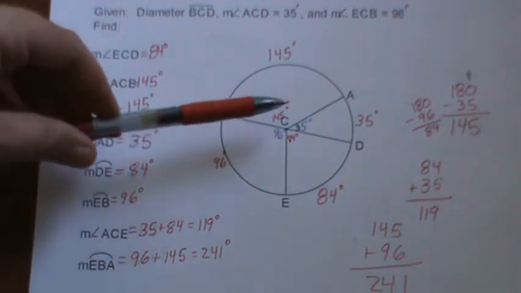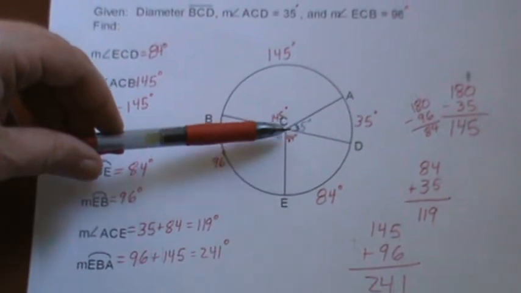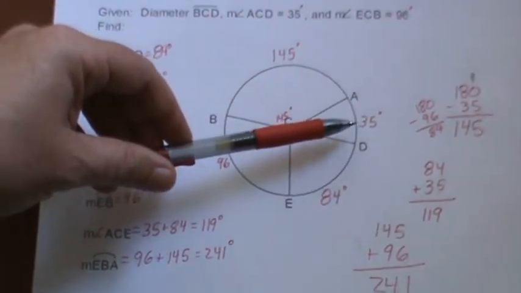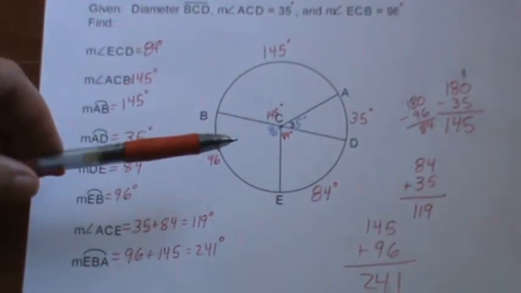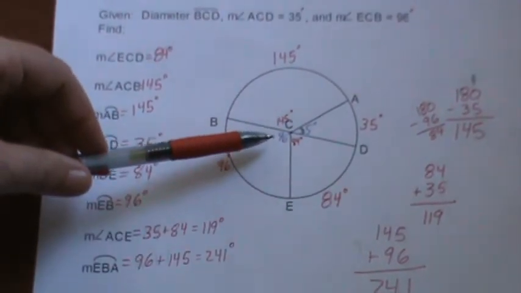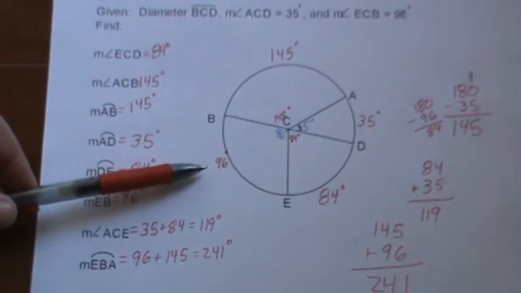So since I was given that the measure of angle ACD was 35 degrees, I easily conclude that the measure of arc AD is 35 degrees because the measure of the arc has to be the same as the measure of the central angle. Since I knew that the measure of angle BCE was 96 degrees, I know the measure of arc BE is 96 degrees.